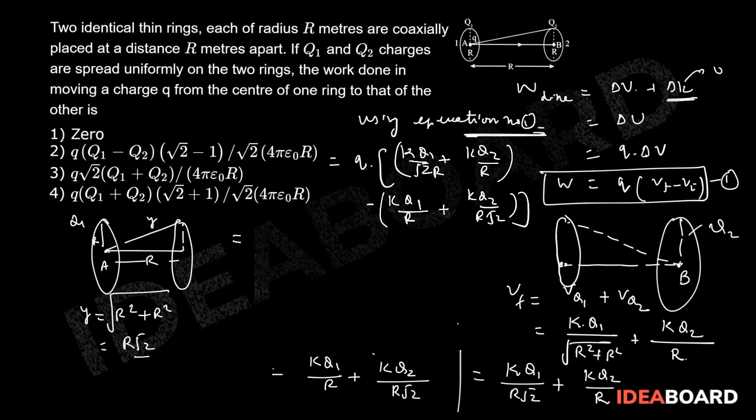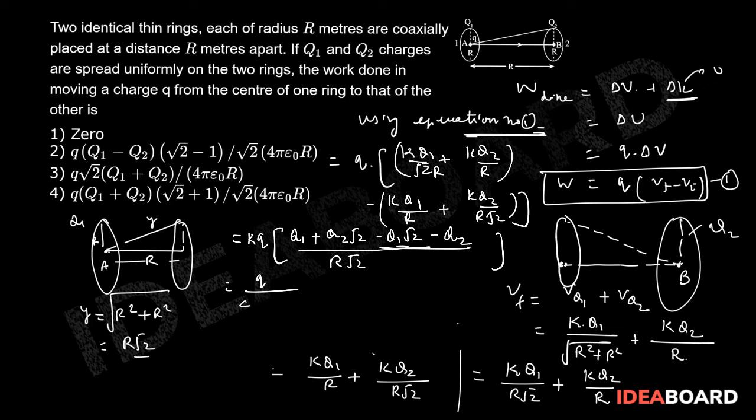Now to simplify this, you can take k by r root 2 common, so you will get q1 plus q2 root 2 minus q1 root 2 minus q2. Correct? Now you can put the value of k, so 4 pi epsilon naught into r root 2.